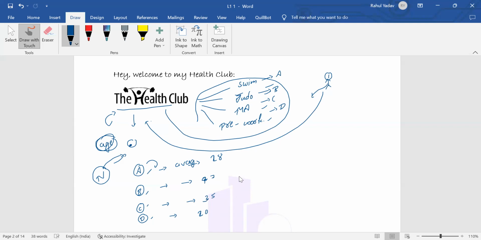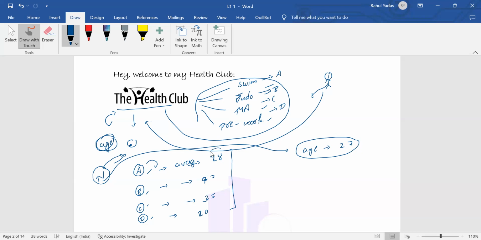This is 35. If this is the data that I have, and suppose a person comes up to me, this N is the new person, and he says, my age is roughly 27, can you tell me which classes I must join? This is the basic understanding of how we use the average, or central tendency values.